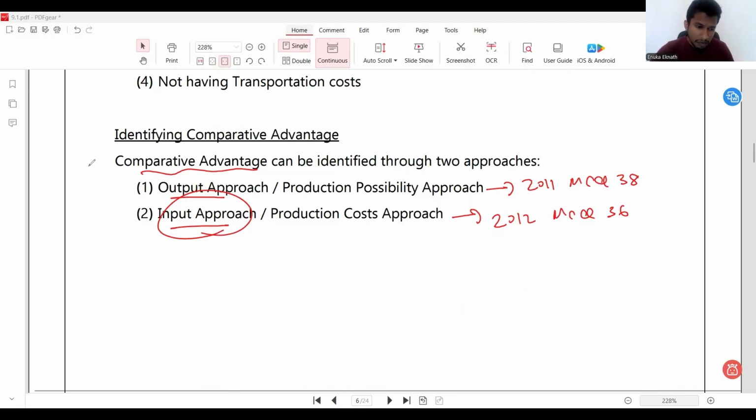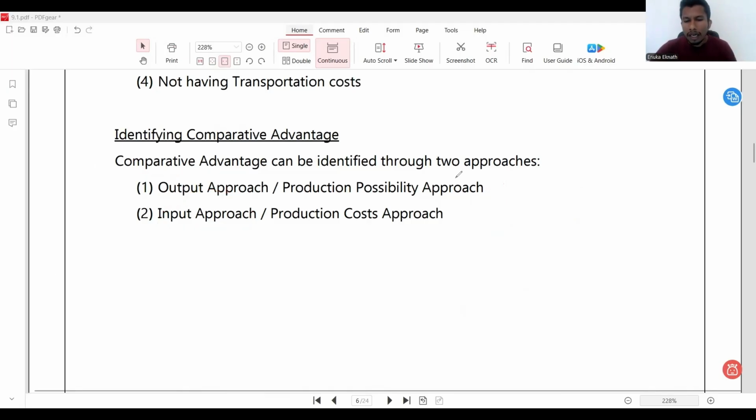If you need to calculate the opportunity cost of good X under the output approach, what's the equation you apply? You apply delta Y divided by delta X. Right? That's the equation related to the output approach. That's how you calculate this opportunity cost under output approach.